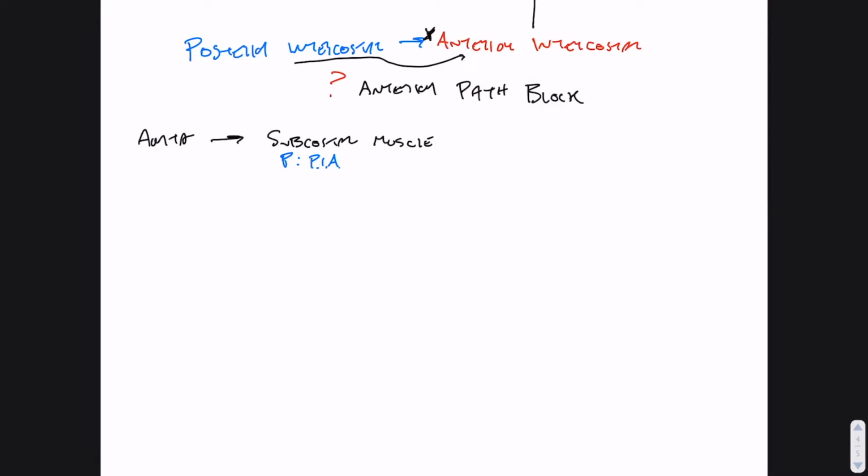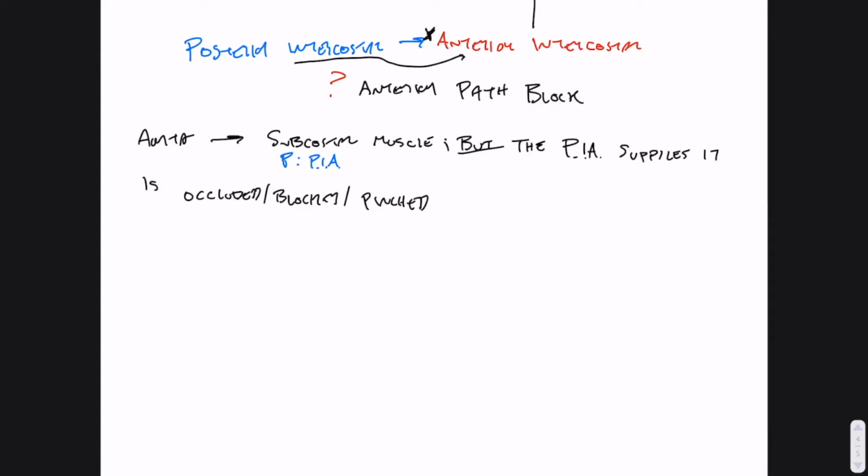So we're going from the aorta to a subcostal muscle, but the posterior intercostal artery that supplies it is occluded, or sometimes he'll use the word blocked, or pinched off. Basically, the blood cannot go from the aorta to that posterior intercostal artery.